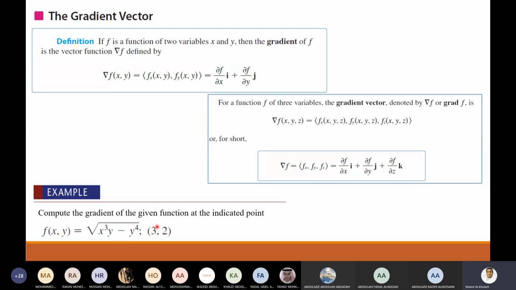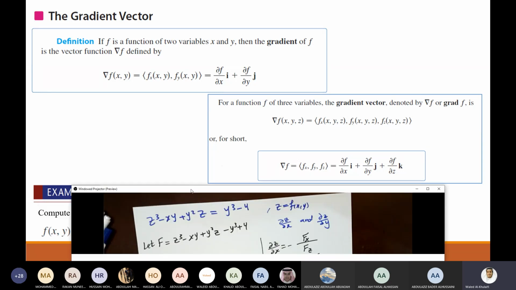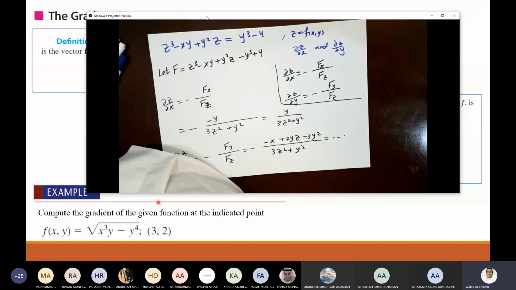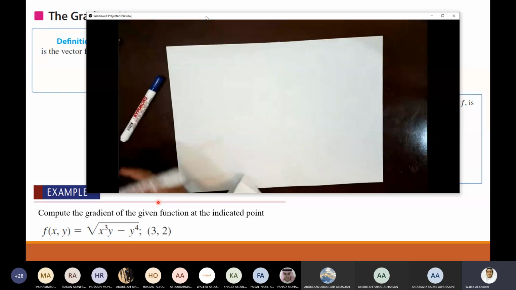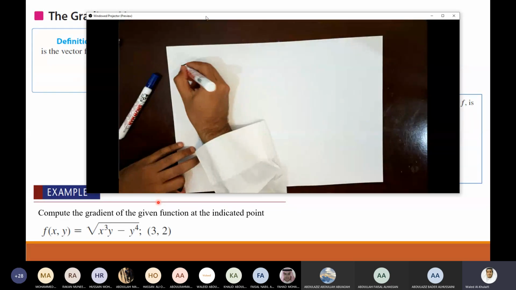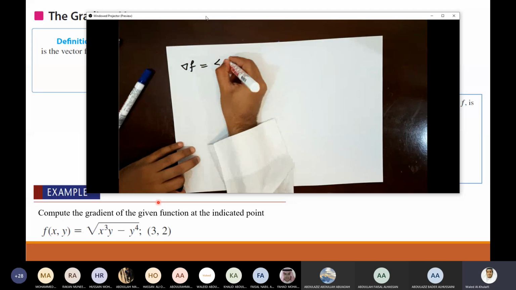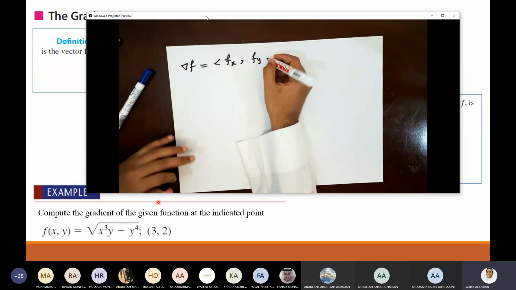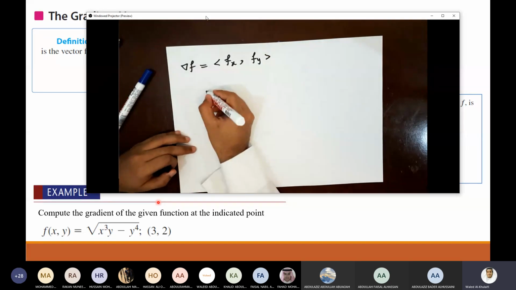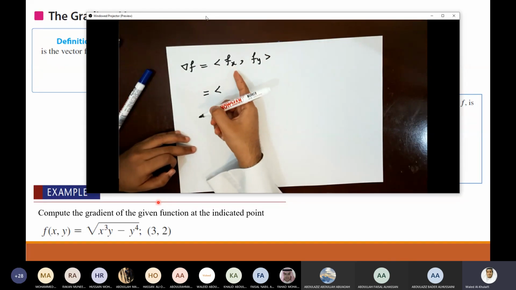Later we're going to talk about what it means in the plane. Right, so let's compute the gradient of this function at the indicated point. What is the gradient of f? It is the derivative of f with respect to x, comma, derivative with respect to y. I am dealing with a function of two variables, so I'll stop here. What's the derivative of f with respect to x?